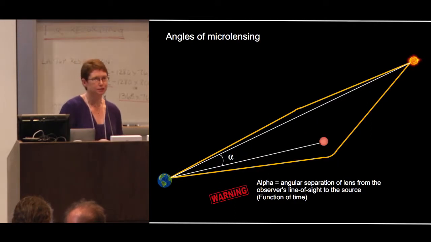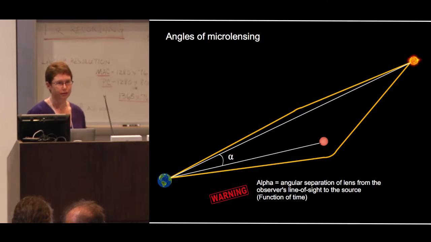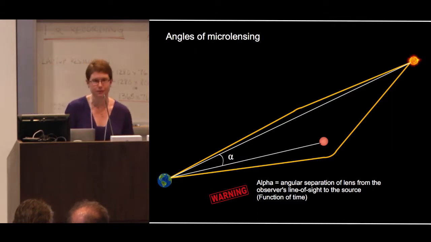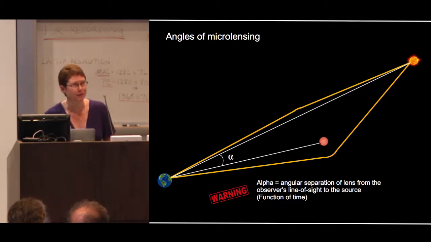So, to introduce a few of the angles that we're going to refer to in microlensing, the first of these is the angular separation of the lens from the source. Obviously, this is a function of time as the proper motion carries the two of them into and out of alignment. And at this point, you'll see the first of several health warnings regarding microlensing symbolism.